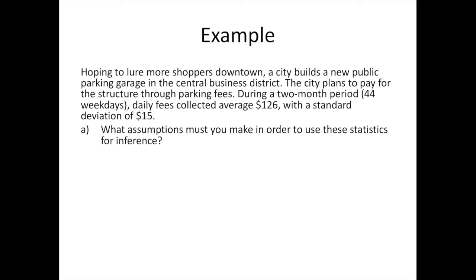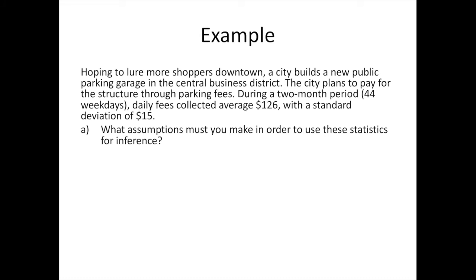We're told that x bar is 126 and s is $15. Now, what I need to assume are the following. First, I need to assume that the daily fees collected on each individual day are independent of the daily fees collected on other days. Now, this is probably violated because you can imagine there might be a conference in town for a few days where a lot more people are using the parking garage, and so revenues might be up on those days.